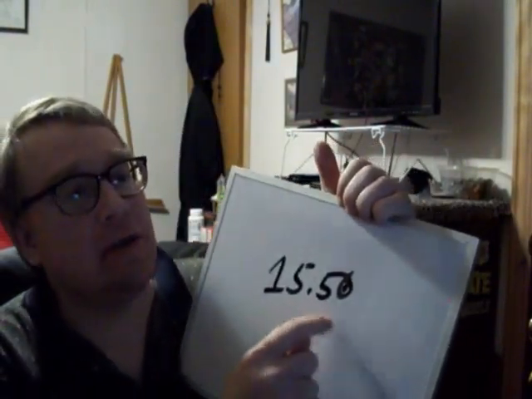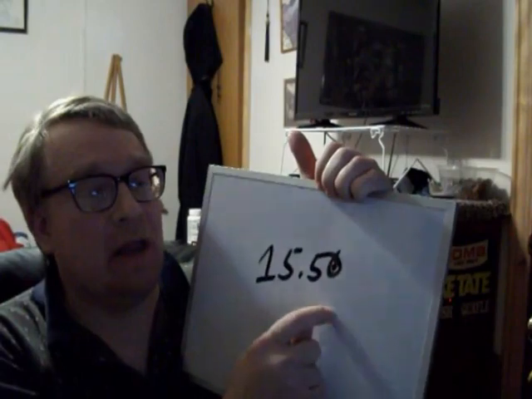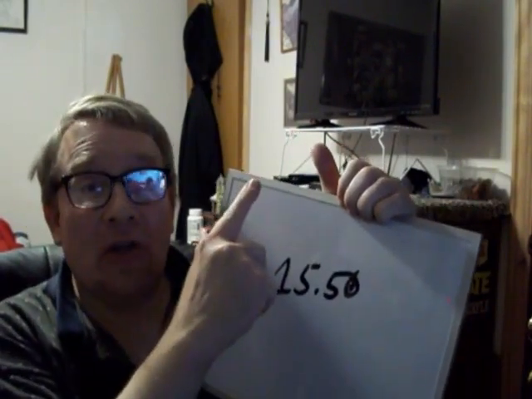What you're going to do is add coins and paper bills to this until you get to the total of 20. Let me explain. Alright, so we've got $15.50, right? So the first thing you're going to hand the guy is a quarter. Alright, so that's $15.75. Now you're going to hand him another quarter, and that's $16. Now you're going to hand him 4 ones.